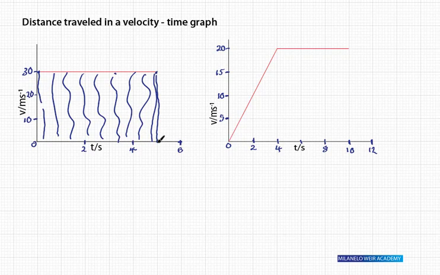We have to be precise there. So what is this? 0, 2, 4, 6. So the midpoint between 4 and 6 is 5. This is 5. So what is the area under this graph?